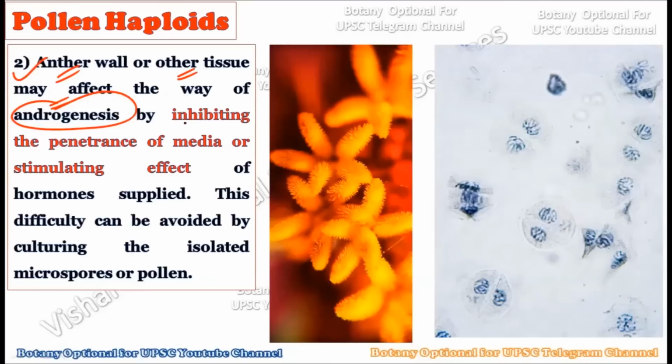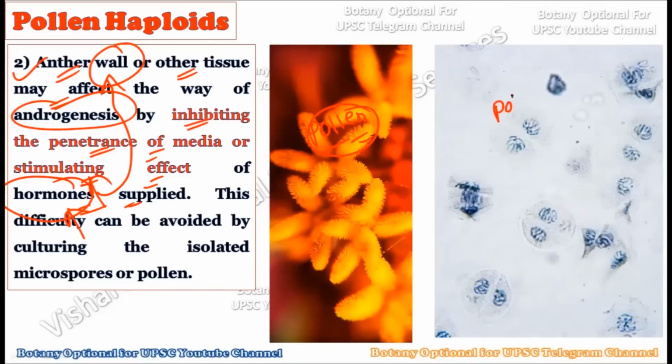Now the second disadvantage is that the anther wall or other tissue may also affect the process of androgenesis by inhibiting the penetrance of the media and the stimulating effect of the hormones supplied. These anther walls can disturb the growth and development of the pollen grain within the media, because the media contains different stimulating components, for example hormones and vitamins, but the anther wall can be the stopping point where these vitamins or hormones are to be absorbed by the pollen grains.